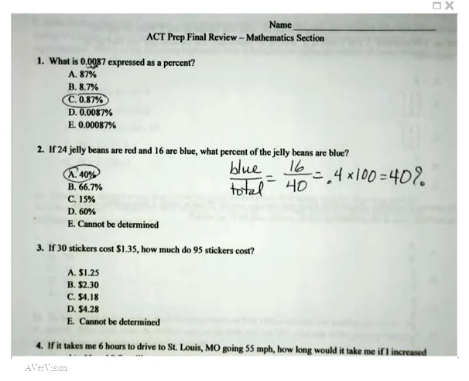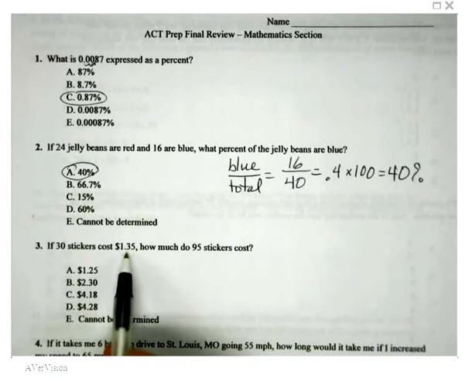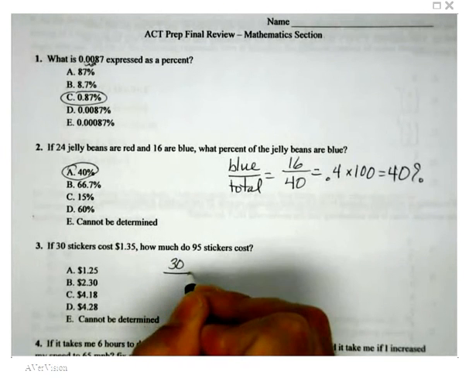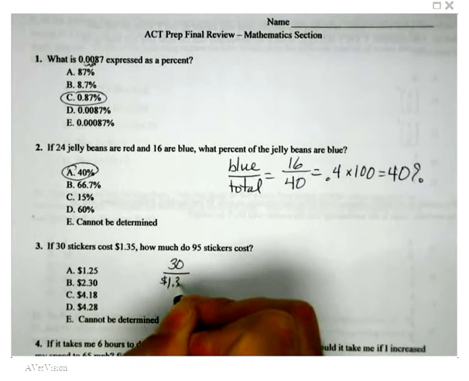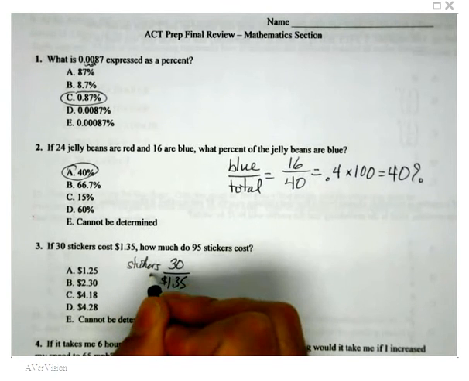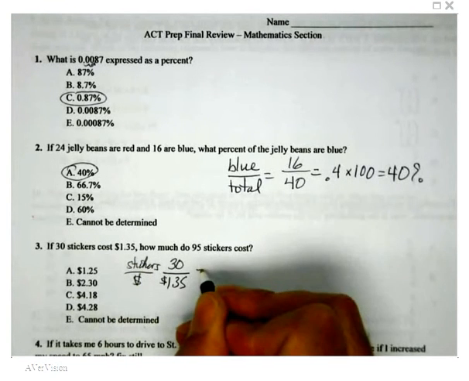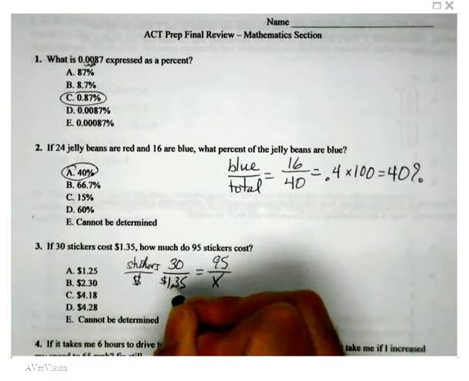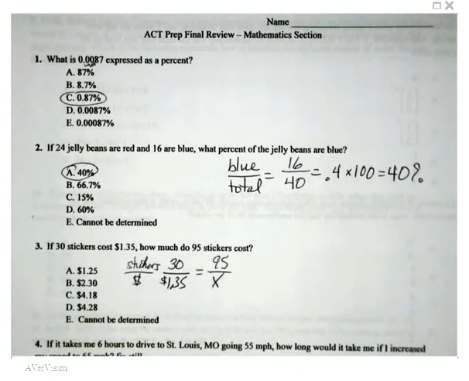Okay? Next, if 30 stickers cost $1.35, how much do 95 cost? Well, if 30 cost $1.35, and I've got my stickers over my money, my stickers would be 95 in the other one, and I'm trying to figure out how much they cost. So again, we're going to cross multiply here.